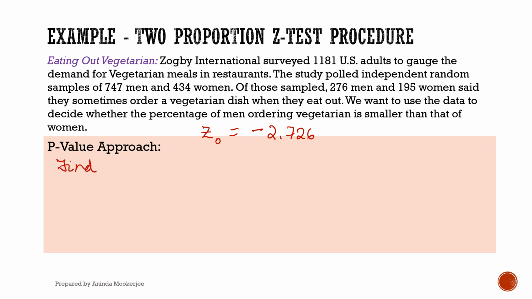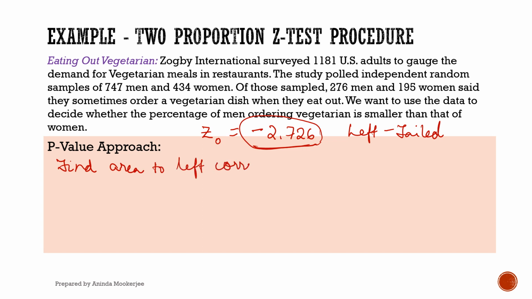Now again, because this is a left tail test, the p-value will be the area to the left of wherever the test statistic falls in our diagram. So find the area to the left corresponding to the z sub 0 value of negative 2.726.